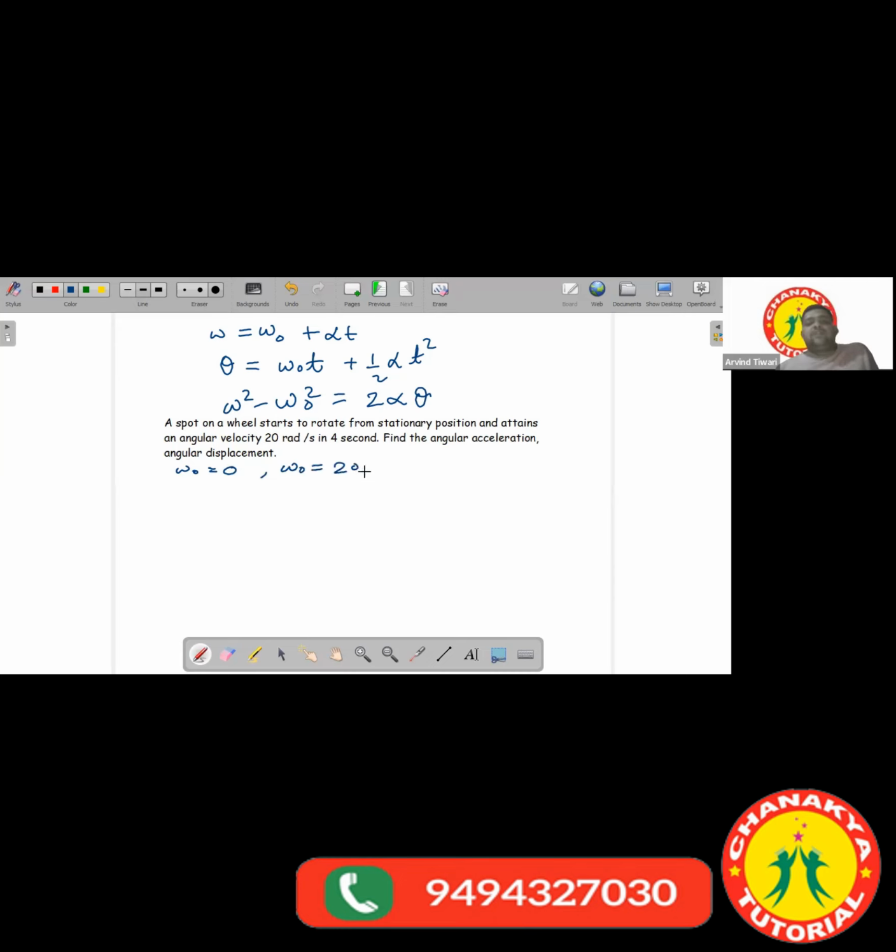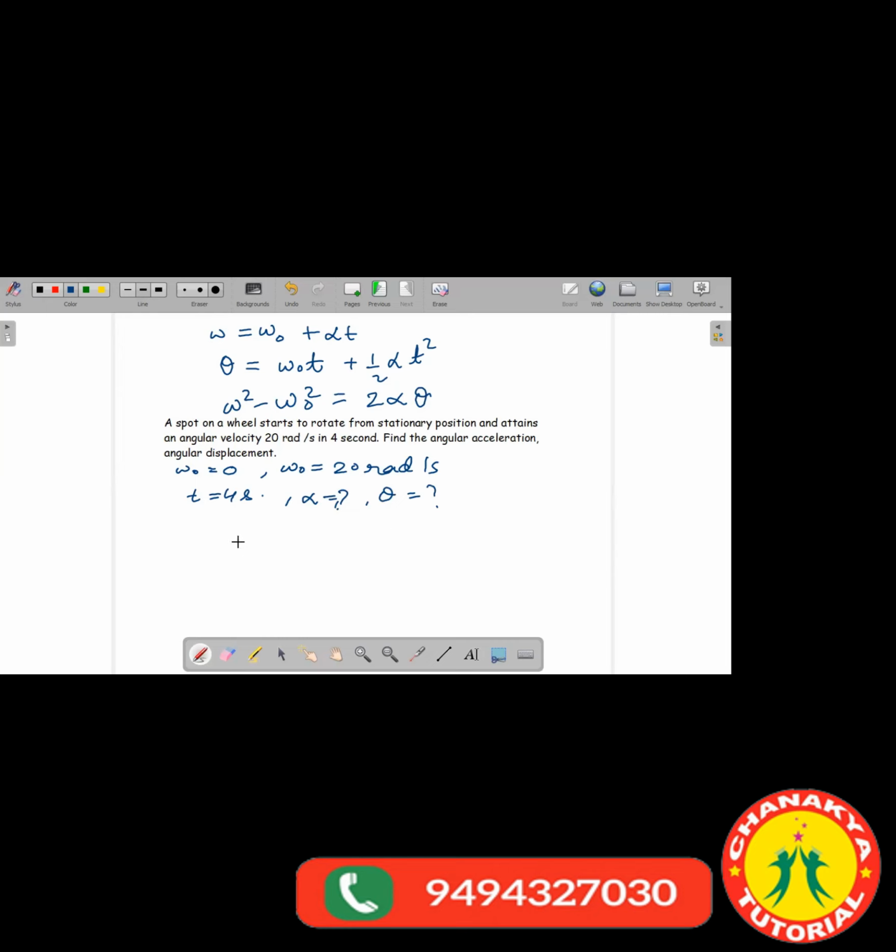Time is 4 seconds, right? So we are supposed to find alpha and theta. This is what you are supposed to find.